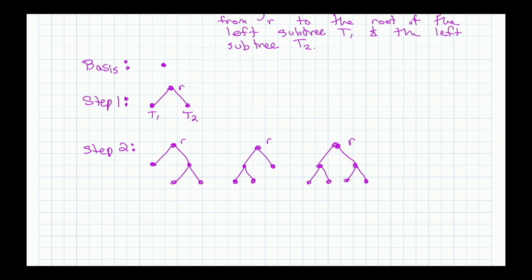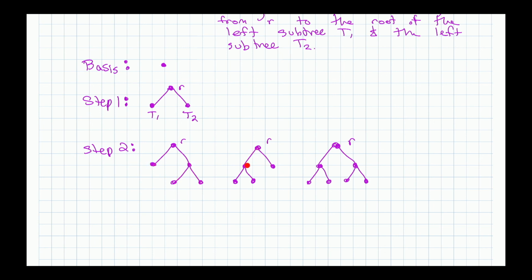Notice that when I say full binary tree, I don't mean that this side has to be the same size as this side. It's full in the sense that from each vertex going down, you either have two lines or you have nothing.